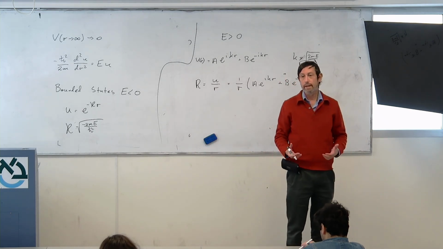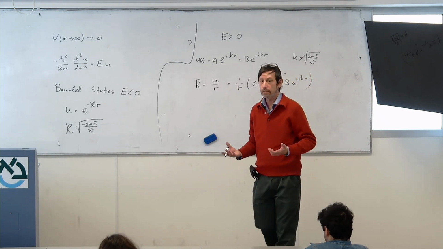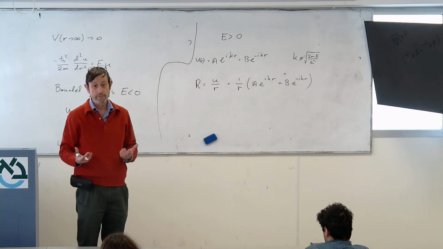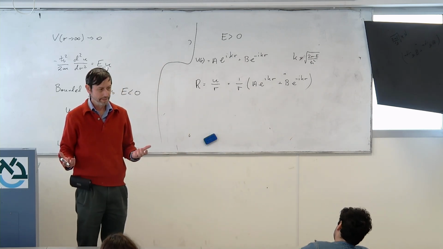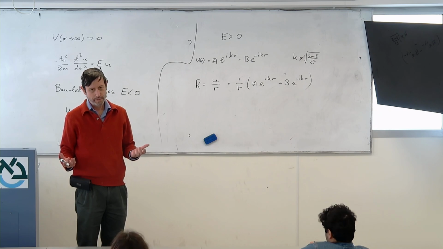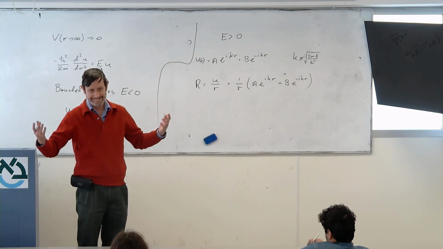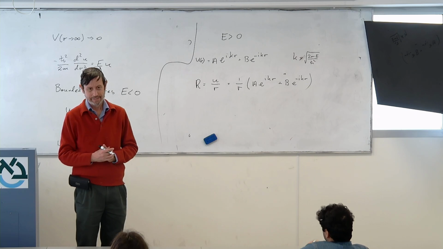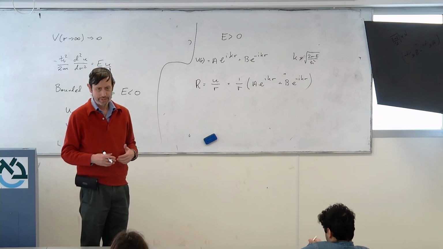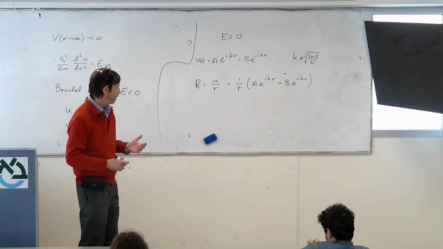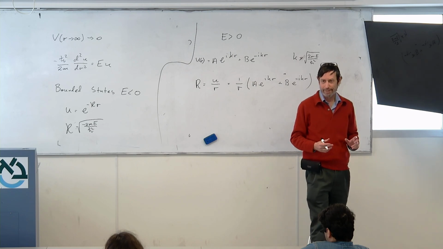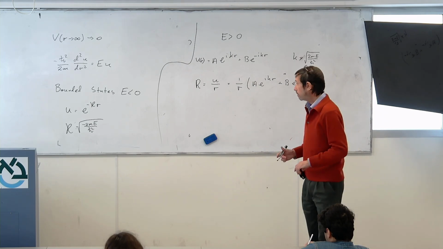So that's exactly the solution for incoming and outgoing waves in spherical harmonics, which you have met as Bessel functions, and depending on the boundary condition, what form exactly of the Bessel function you have. Why are these important?